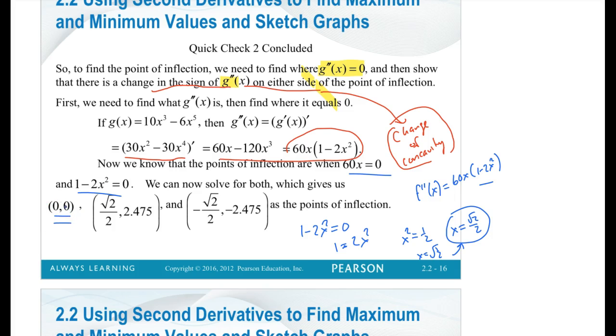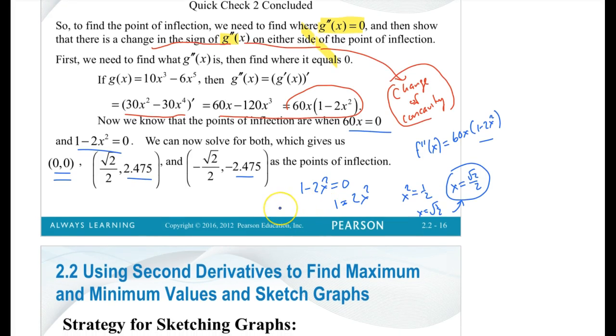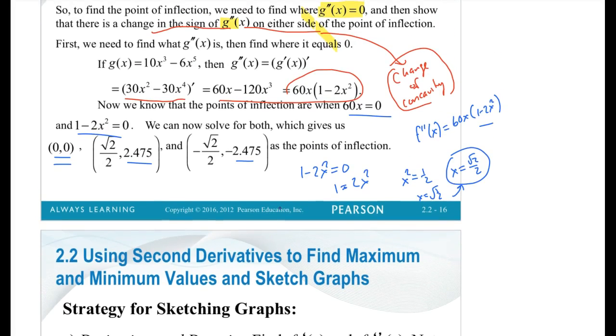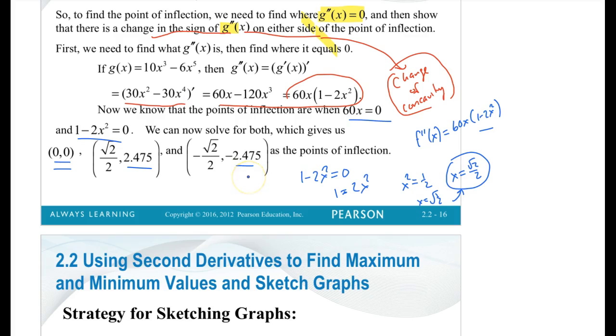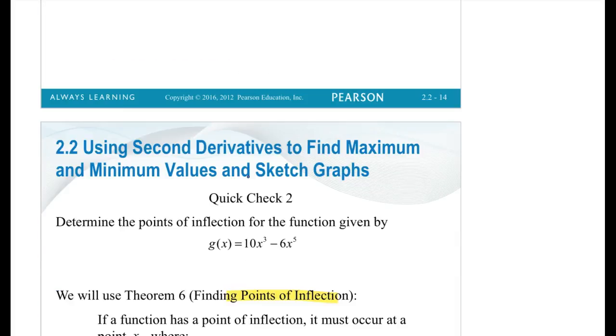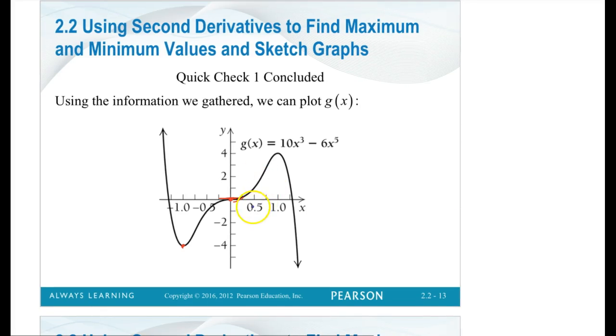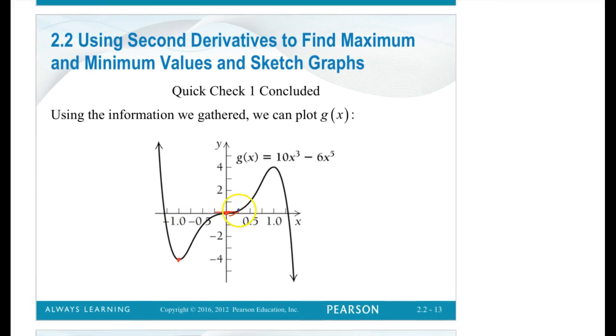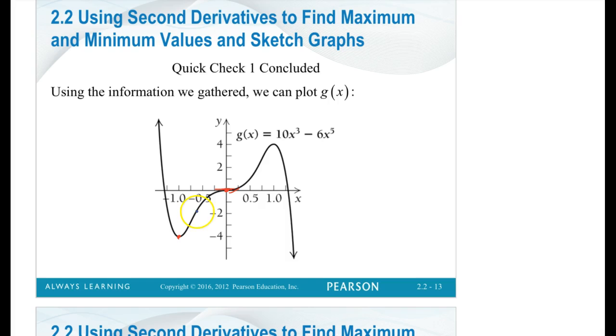0 comes from when you plug 0 into the function. Plug this into the function, you get this point. Plug this into the function, you get this point. And those are what we call our points of inflection. If we go back to the original graph and look carefully here, you would see we have a point of inflection here, and then we have another point of inflection.